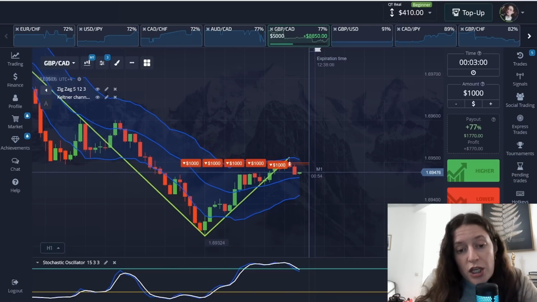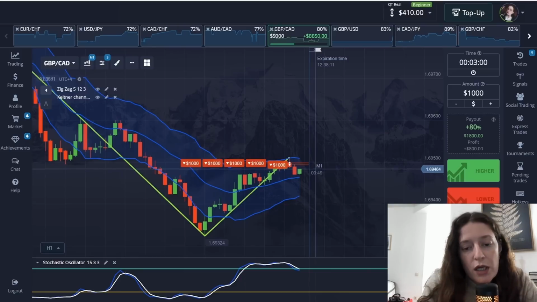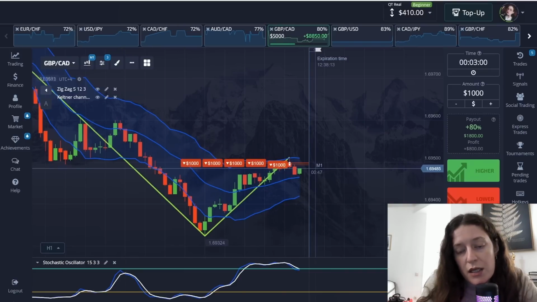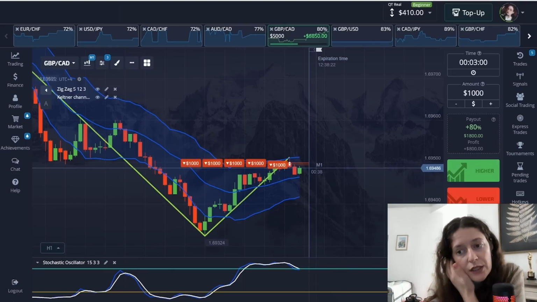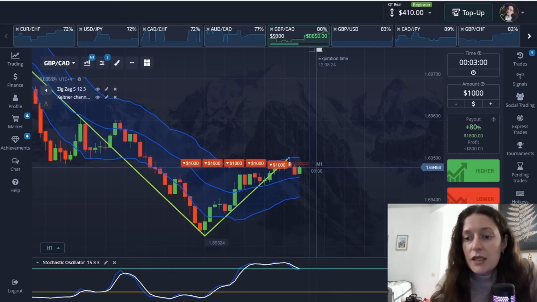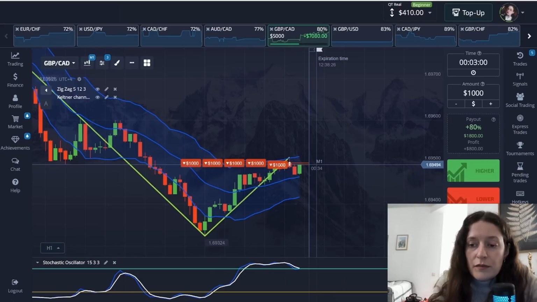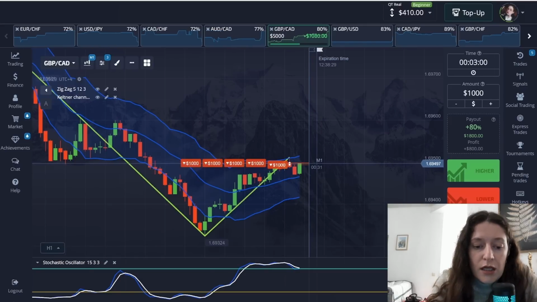And if they cross each other and have a downward direction, it means that they are starting to move towards a selling position. This is also a very good signal. So I think at this point, everything is going in a perfect way, and let's wait a little bit more and see how events unfold.